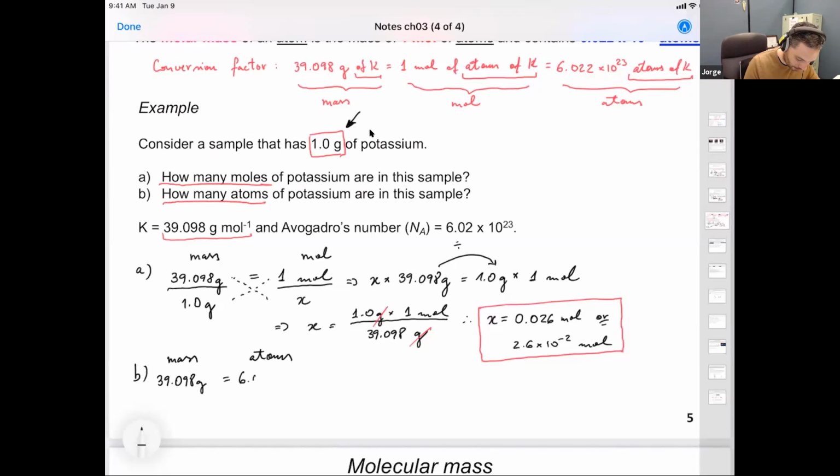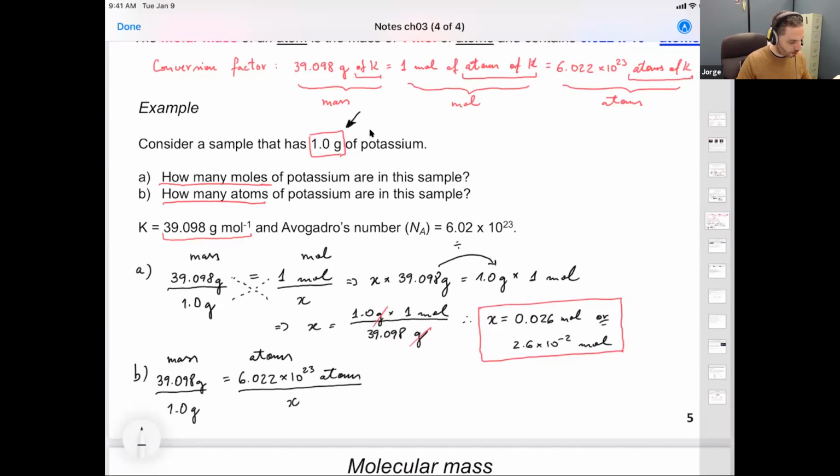This is going to be equivalent to 6.022 times 10 to the 23rd atoms. The first line always comes from the conversion factor. The second line, you will extract one piece of information from the question, and there is always something that you are looking for. The question gave us the mass of potassium and is asking us the number of atoms, so I'm going to put X over there.